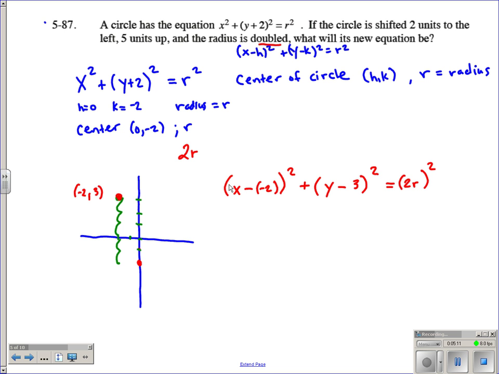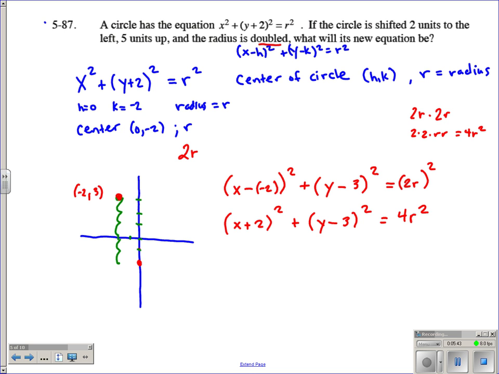Let's simplify this down. x minus negative 2 is the same thing as saying x plus 2 squared, plus our quantity of y minus 3 squared. And when we do 2r times 2r, think about that. 2r times 2r is the same thing as saying 2 times 2 times r times r, which gives us 4r squared.